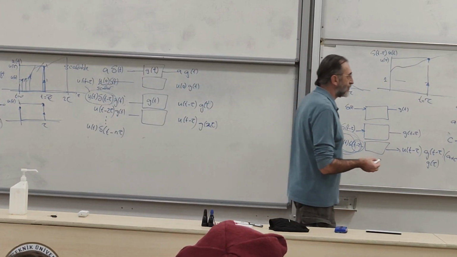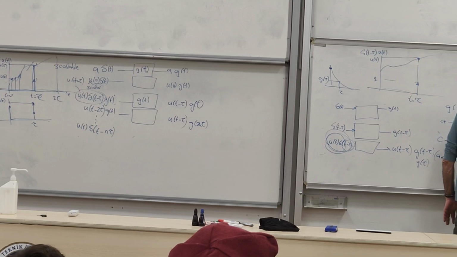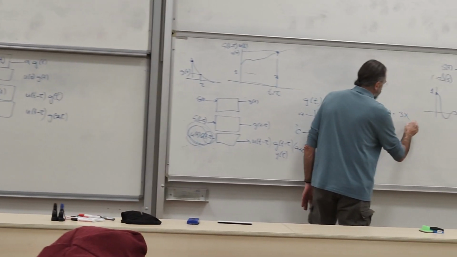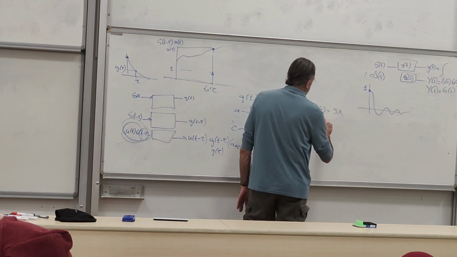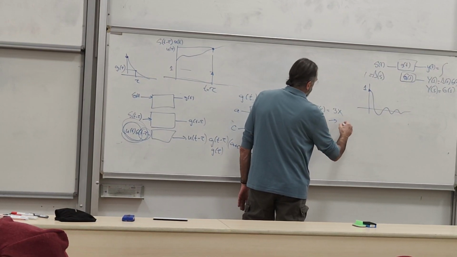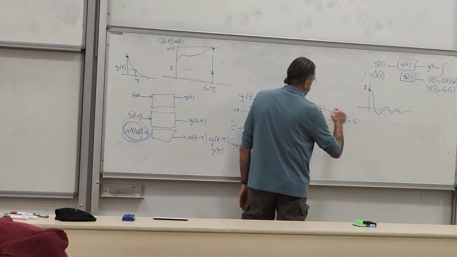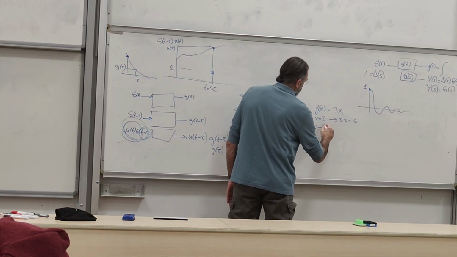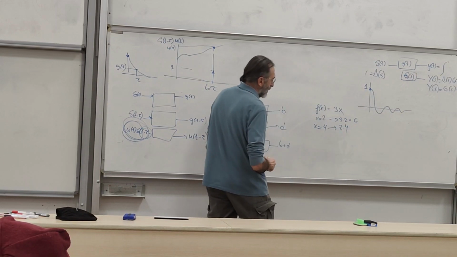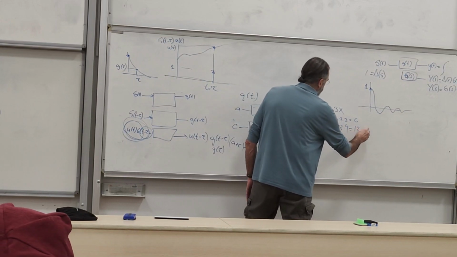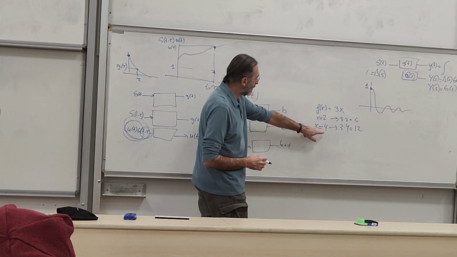Remember the example that we gave? If f of x is equal to 3x, then say x equals 2, the response is 3 times 2, 6. If x is 4, then the response is 3 times 4, which is 12. Now this is an input, that is an input.